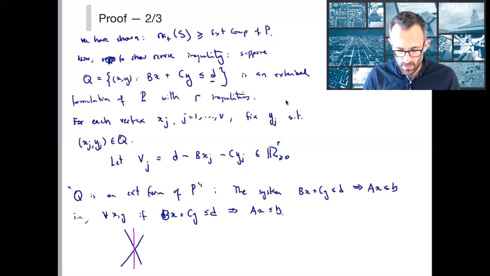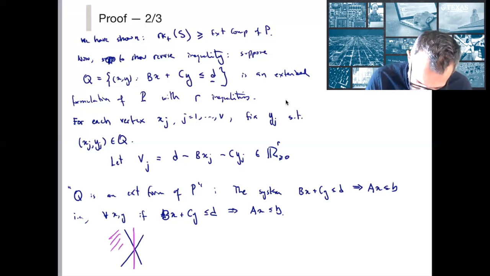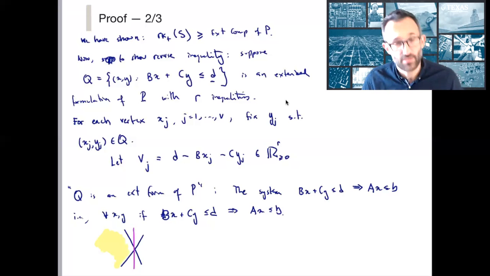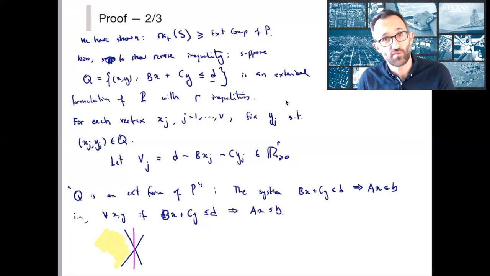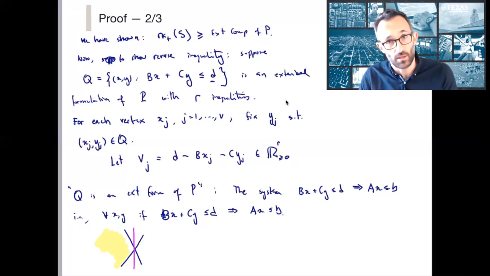Note that the first two inequalities imply the third inequality. In other words, anything in this region here that satisfies the first two inequalities clearly satisfies the third. So this is an example, just in 2 dimensions so I can draw it, where a system of inequalities implies another inequality.